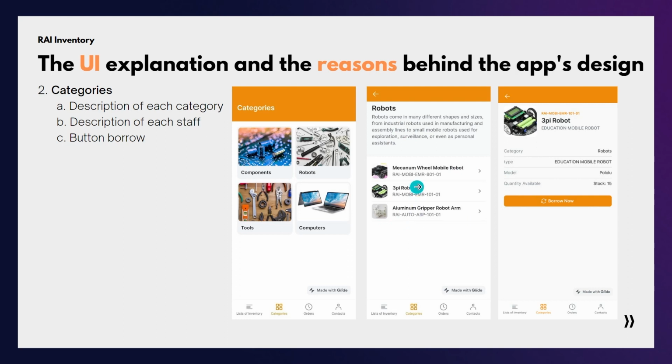In this example, if you click 3-pie robot, you will jump to the page that provides the information of the 3-pie robot, which includes categories, type, model, and the available items inside the stock.